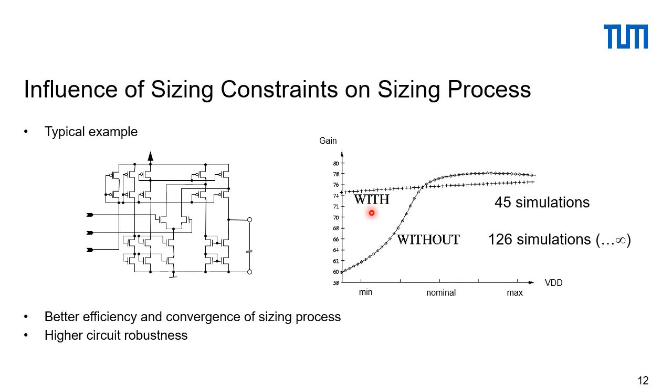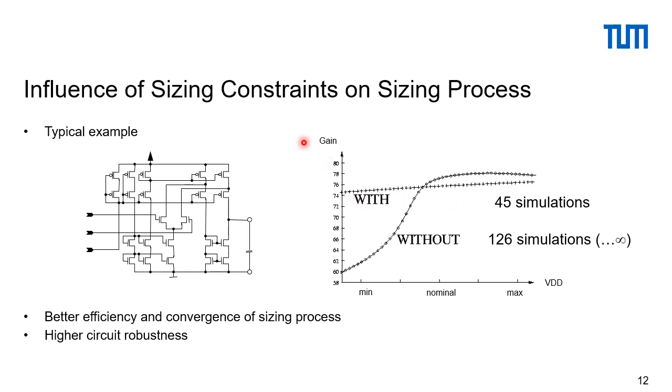And this is the difference if you go to an automatic optimizer, to a tool, and you don't have these sizing constraints, right? Then you would do it this way. When you have them, but you need this additional effort and this knowledge to set them up, you get a result like this.